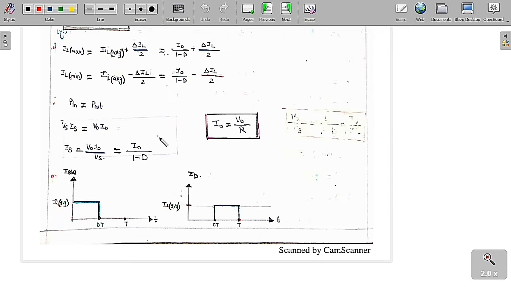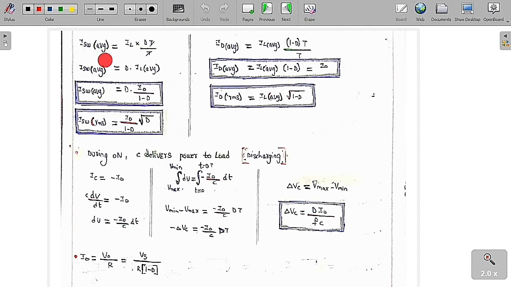So therefore the average value of the switch current is equal to IL average into dT by T, which is d into IL average. Whereas IL average is equal to I naught by 1 minus d.